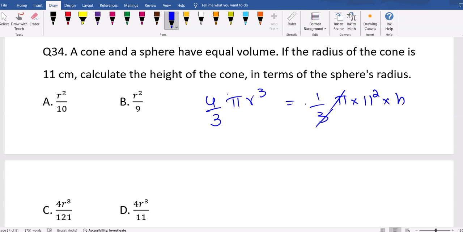So pi cancels, and we got h is nothing but 4r cube divided by 11 square, which means 121. Option C is correct here. They gave the radius of the cone and everything, and the height in terms of the sphere radius is 4r cube divided by 121. In areas and volumes, this is how they ask questions.